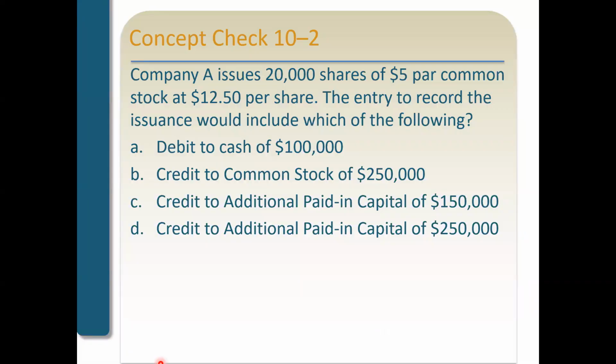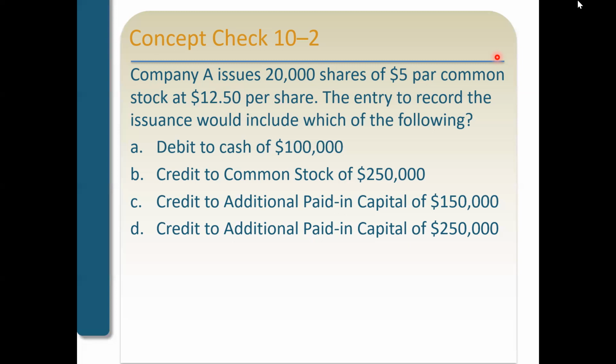So guys, I'm going to give you a minute on this. Company A issues 20,000 shares of $5 par stock at $12.50 per share. The entry to record the issuance would include which of the following? A, a debit to cash of 100,000.